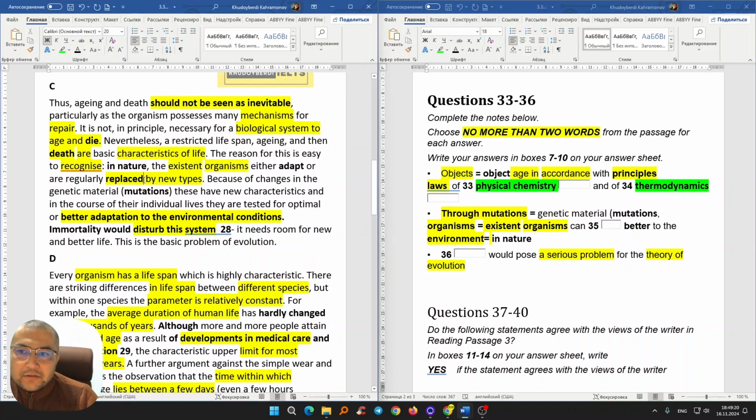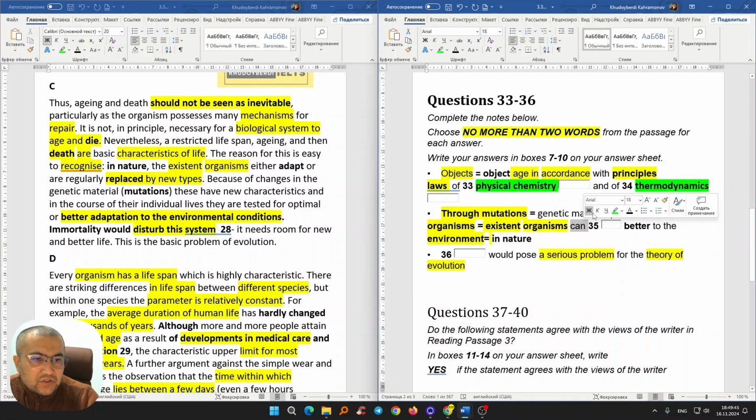According to IELTS reading criteria, we have to pick the verb as it's given in the text, right? And if we just copy and replace it here, there can be a grammar problem, because the modal verb requires a verb one, like an infinitive without to, right?